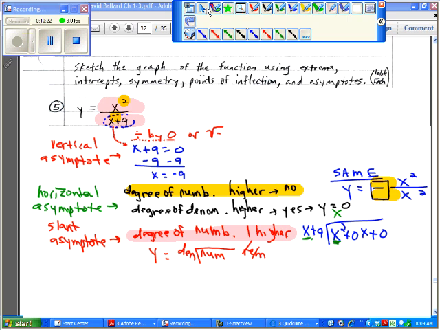What's the next step? Good. So you see how many times it'll go, then you multiply, but we remember when we multiply, we have to distribute, right? And that's going to give you x squared plus 9x.